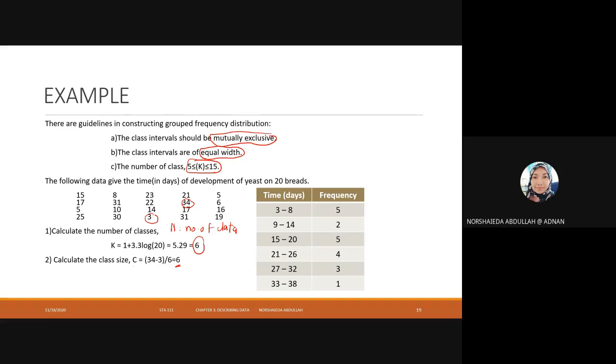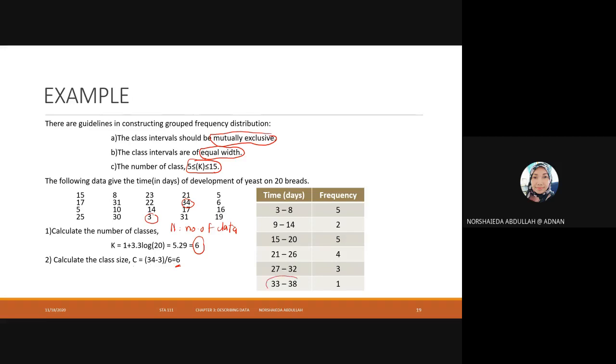So that means 3 to 8. Okay, 3 to 8. So the size is 6: 3, 4, 5, 6, 7, 8. And then the next class, 9 to 14. And then 15 to 20, 21 to 26, 27 to 32, 33 to 38, the last class.